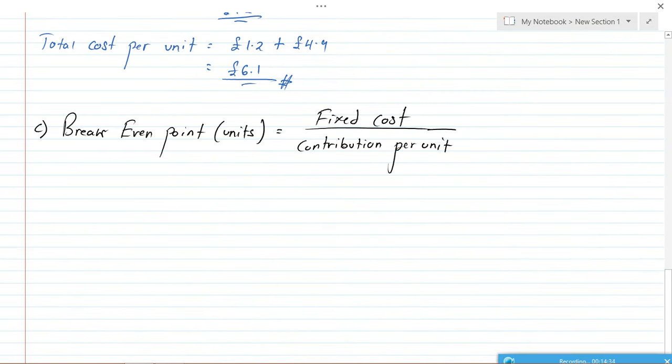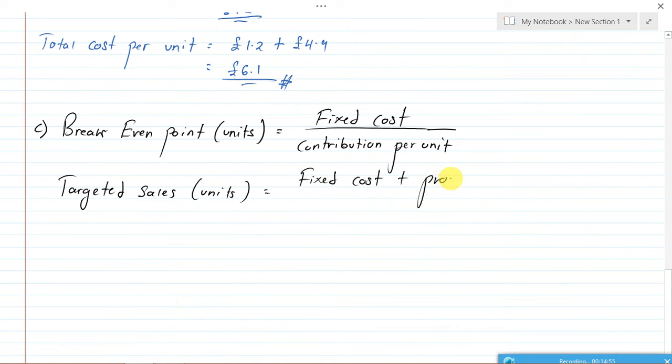Again comes the targeted sales units, which is what? Fixed cost plus profit divide with contribution per unit.